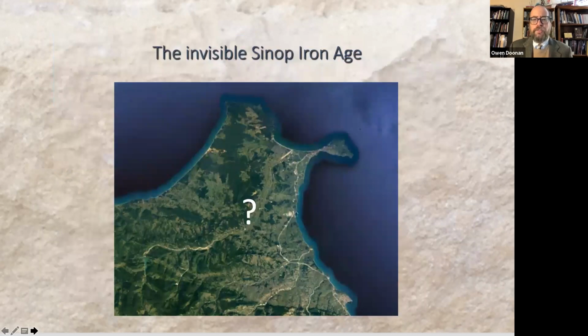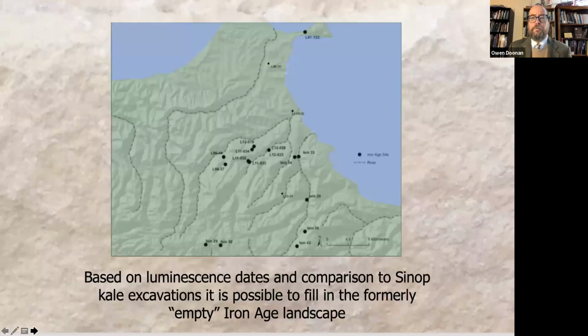And so through these investigations, one of the major early discoveries we made was that we made the invisible Sinope Iron Age visible. One of the things that had been almost a cliche about Sinope was that the Iron Age hinterland was empty. There was nobody living out there.